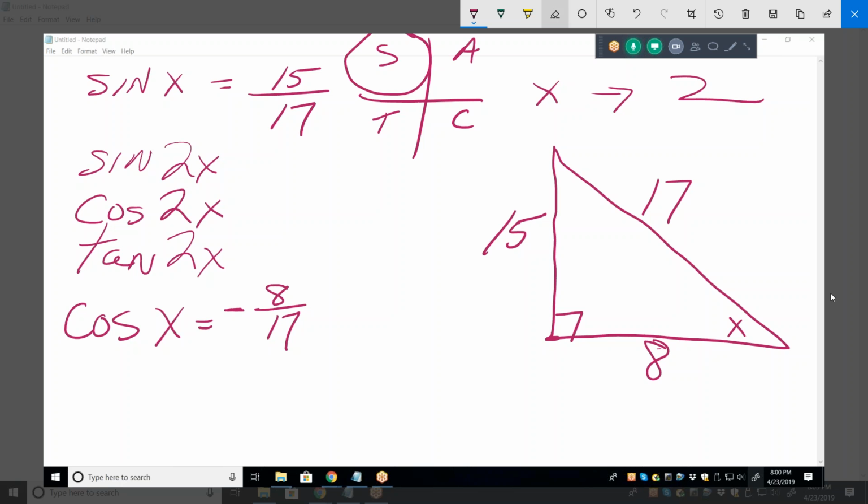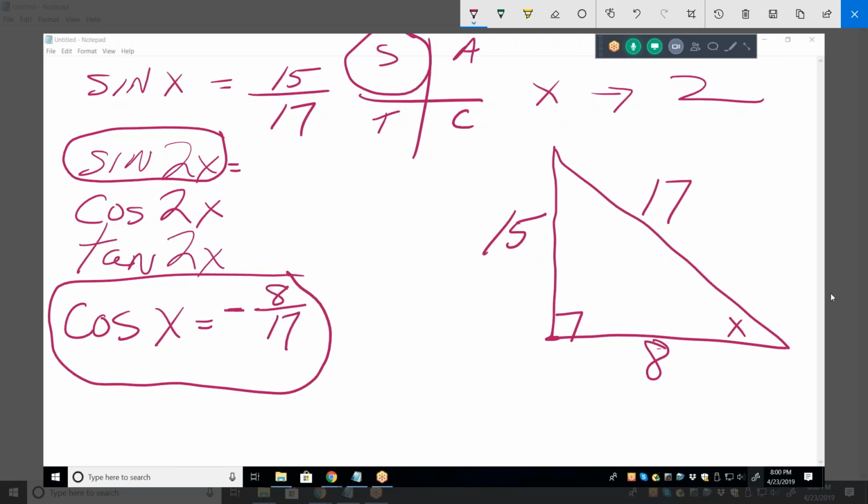With me? Okay. Now, what's the identity for the sine of 2x? Double angle formula for sine. Yes, because that's what they're asking about. They didn't really ask us what the cosine of x was. They want to know the sine of 2x, the cosine of 2x, and the tangent of 2x. You'll find out why I figured out the cosine in a second.